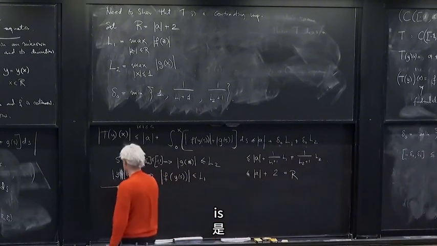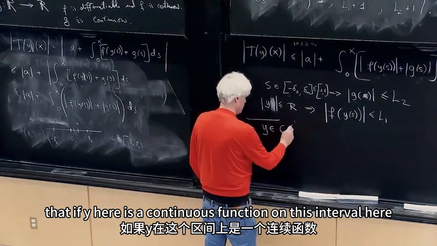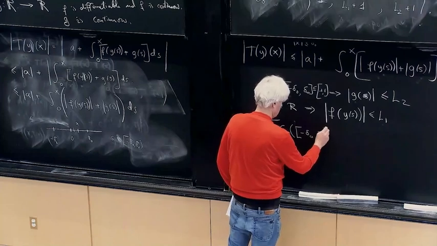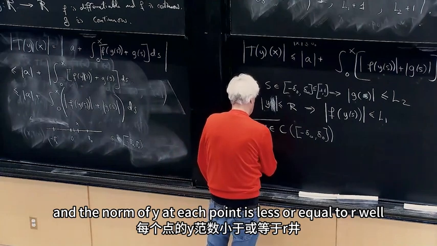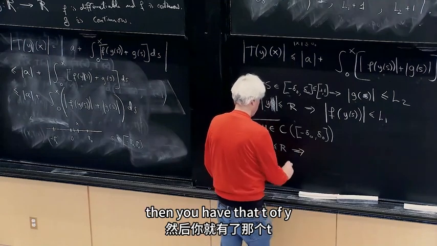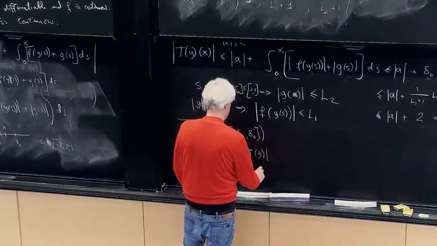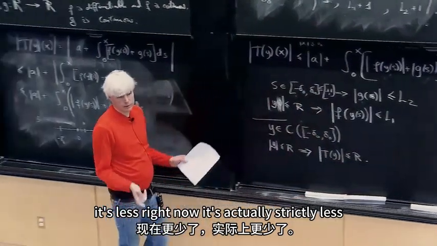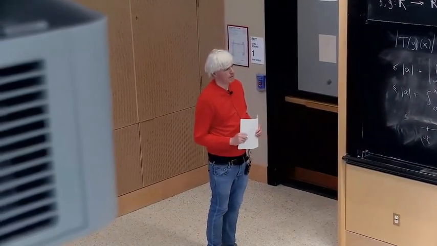So the conclusion here is that if y is a continuous function on this interval, and the norm of y at each point is less or equal to r, then T of y at each point is less or equal to r. It's actually strictly less, but we don't care about that.